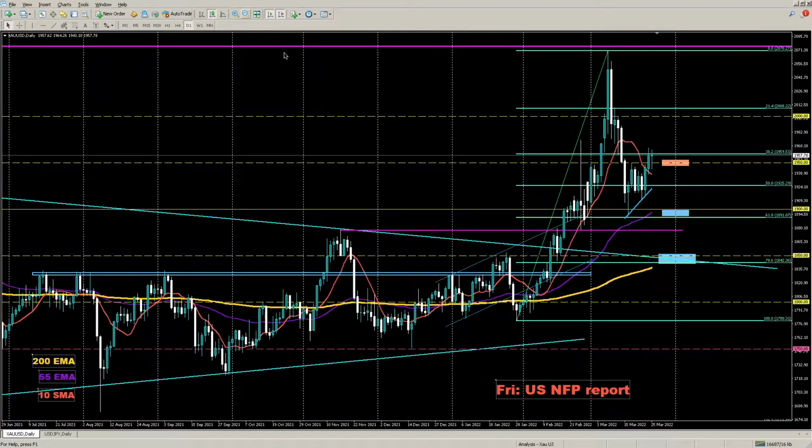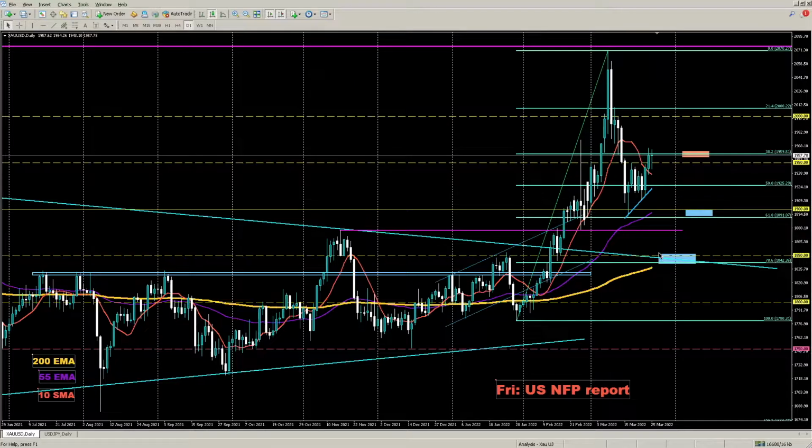Okay, so this resistance has now definitely shifted to this fib, and support is still at the daily 55 EMA, coming up to the 1900 round figure. So that's definitely a strong support area.